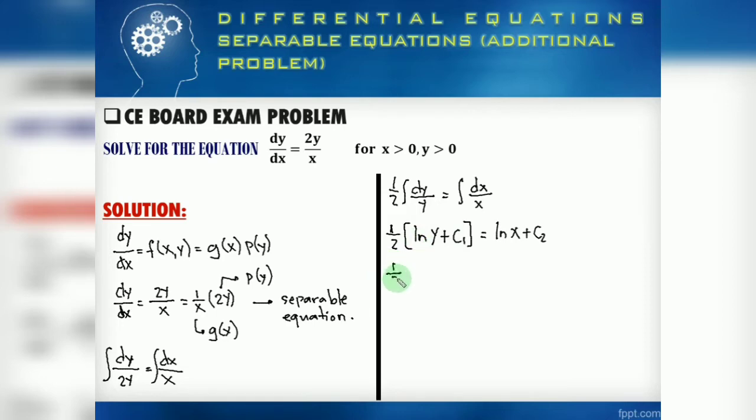So we have 1/2 ln of y plus 1/2 of c1 is equal to ln x plus c2. Then we transpose the c1 to the other side, so we have 1/2 of ln y equal to ln x plus c2 minus 1/2 of c1.